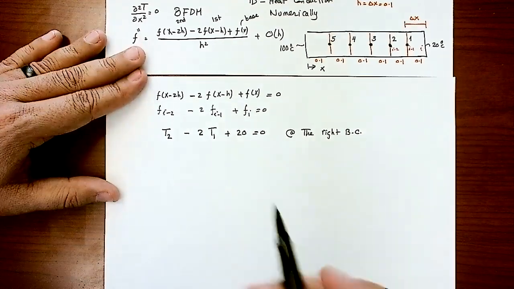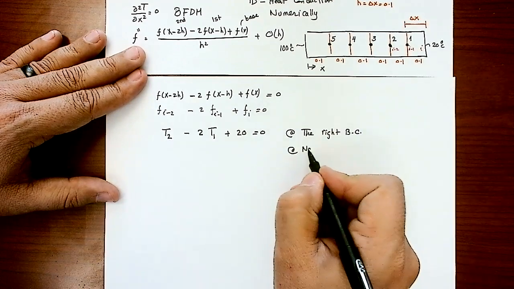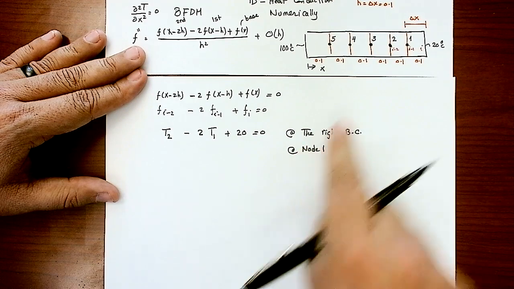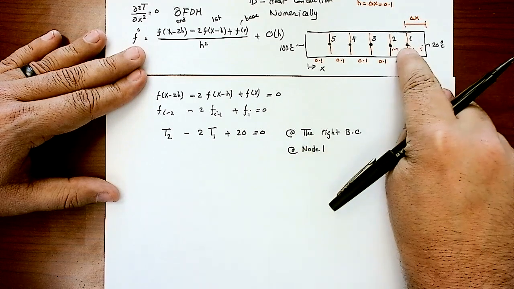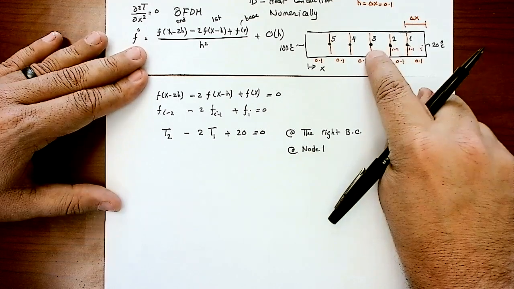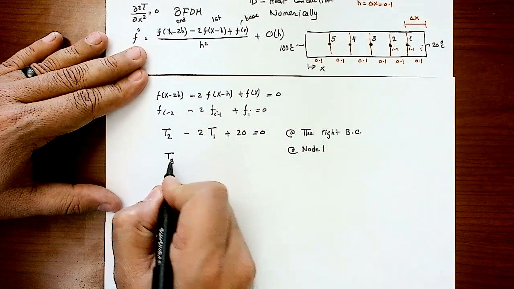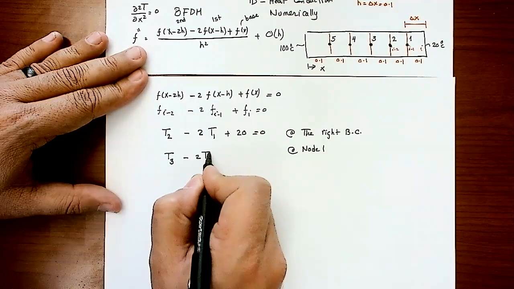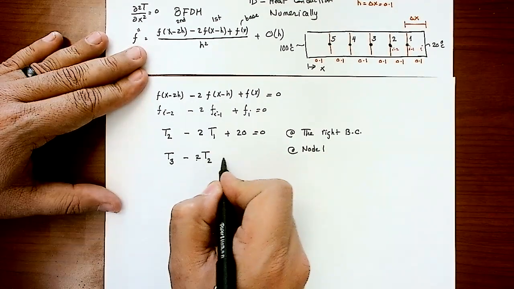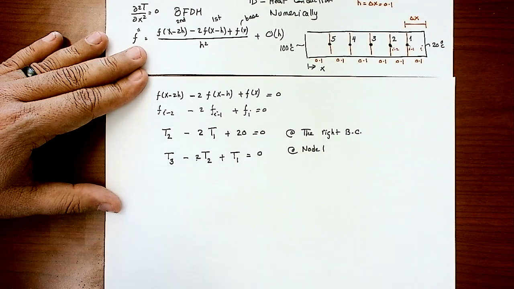Now let's apply that at node number 1. At node 1, this is now becoming your i point, this is becoming i minus 1, and this is becoming i minus 2. So this equation is telling me the temperature at i minus 2, which is T3, minus 2 T2, plus the base point, which is now point number 1, is equal to 0.